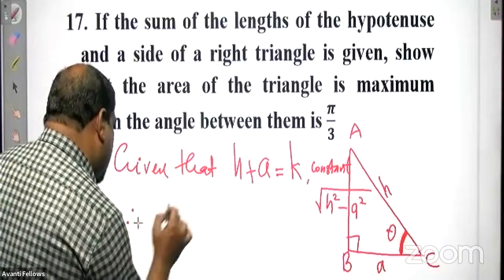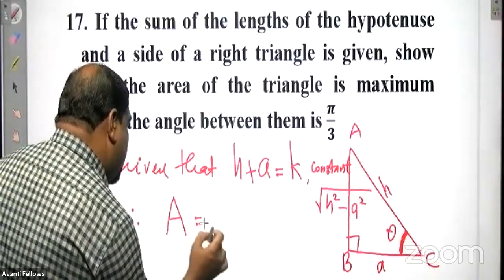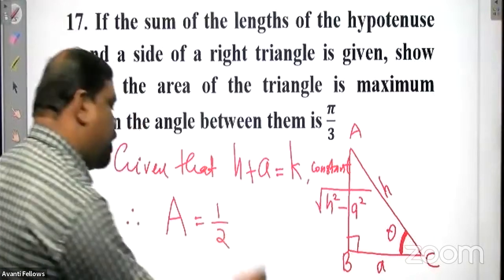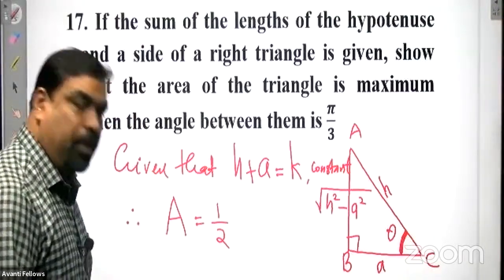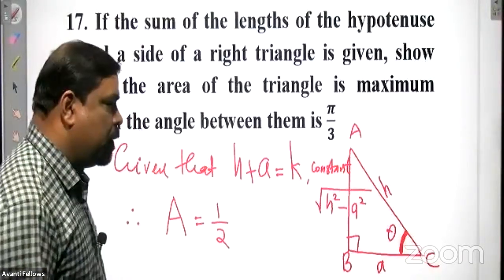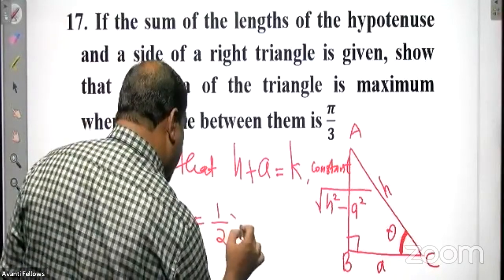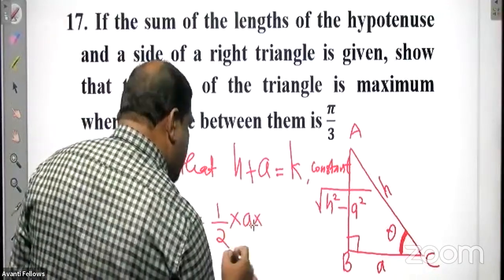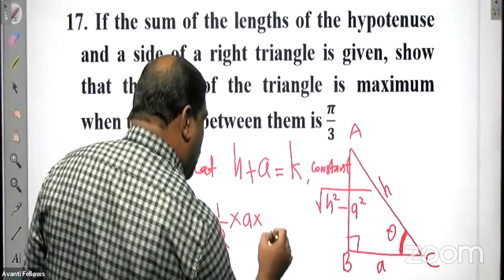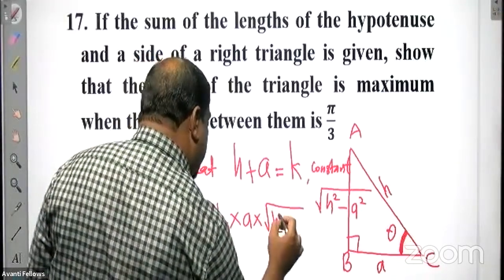Therefore, what is the area of this triangle? Half into base into height. The base is A, the other side is root of H square minus A square.